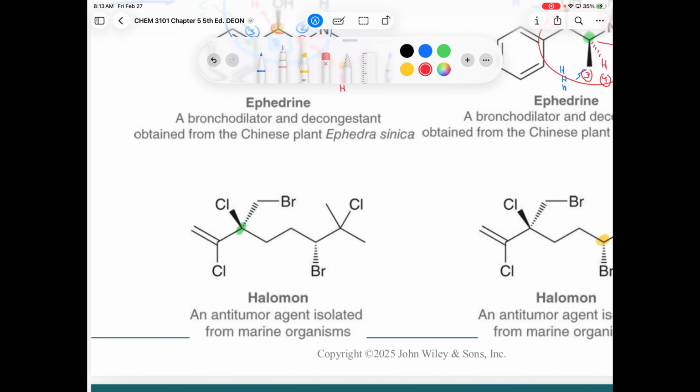Anyhow, if we take a look at this one here, our highest priority group is going to be the chlorine, okay? If we look at this one here, it's attached to chlorine, carbon, carbon going away. This one here is attached to bromine, hydrogen, hydrogen.